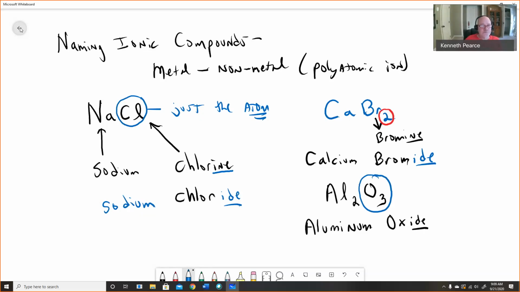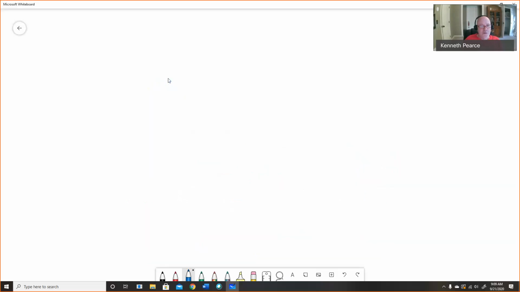Now, if we have something that has more than one possible charge, on the other hand, we have to be very careful. And so we have these two compounds here. Both of these are iron oxides. We have iron with 1 oxygen, and then we have 2 irons with 3 oxygens. And both of these are iron oxides.